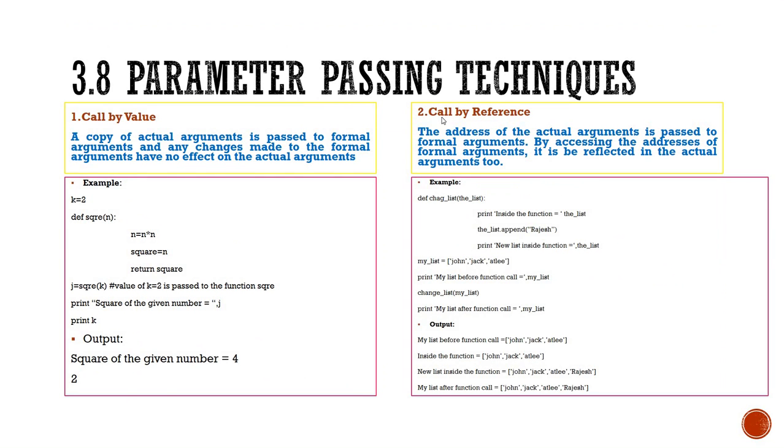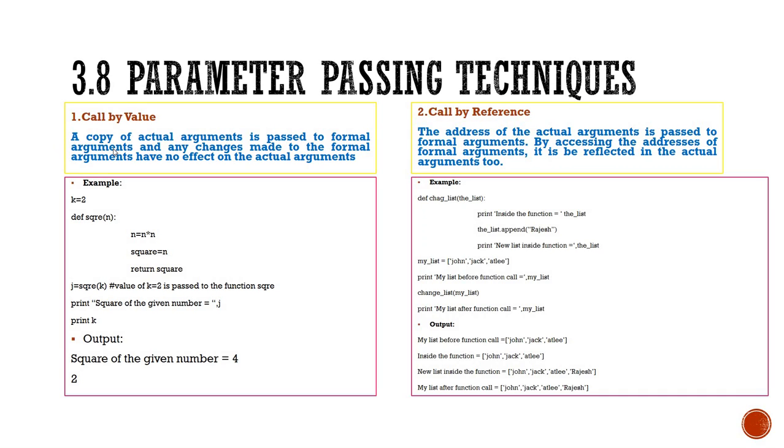Next, based on passing of parameters, we can classify into two categories: call by value and call by reference. During call by value, the copy of actual arguments is passed to the function, whereas in call by reference, the address, the reference value is passed.